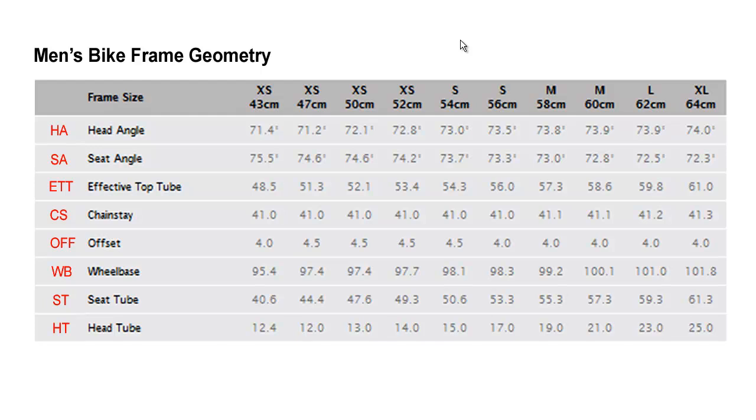For this example, we will use a theoretical person who's about 5'10" and has an inseam or leg length of 33 inches. We will see from a follow-up video that for him, an appropriate frame size will be 56 centimeters. We will then use this geometry chart and take this column of numbers and plug them into our sketch.